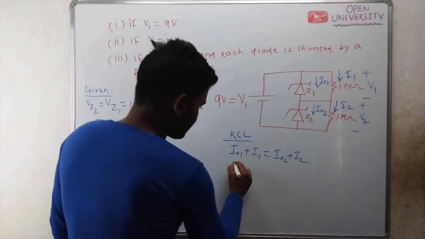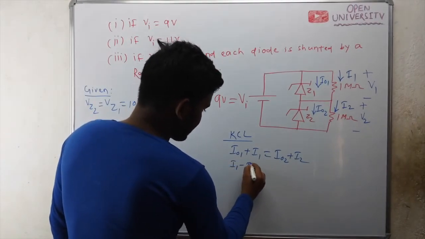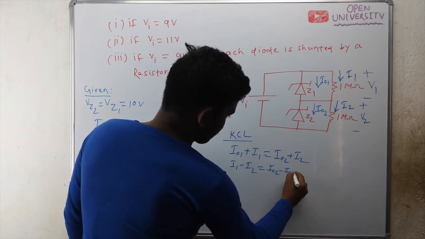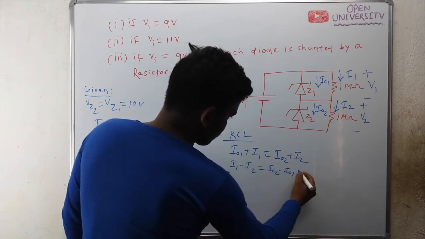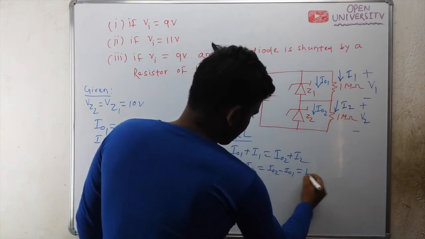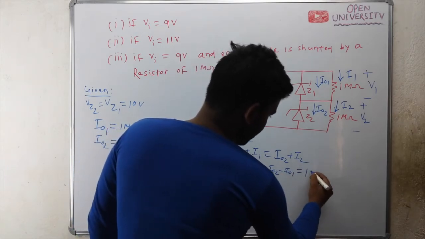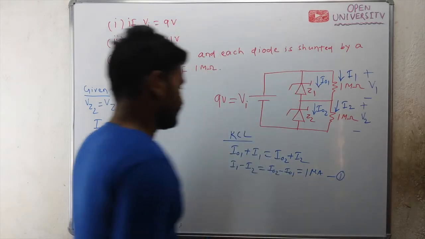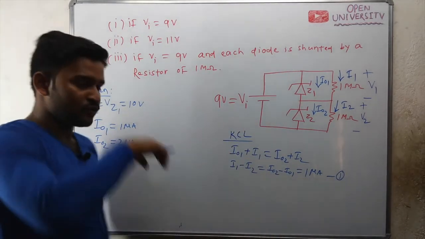So you can write I1 minus I2 equals I02 minus I01. So it will be 2 microampere minus 1 microampere, which is 1 microampere, equation 1. So I1 minus I2 equals 1 microampere.